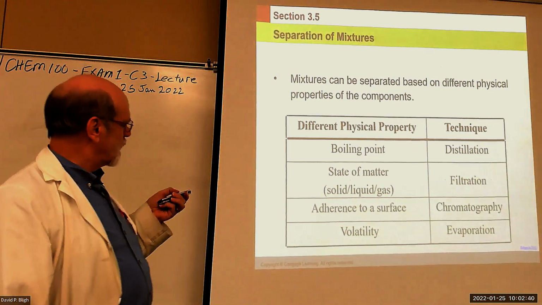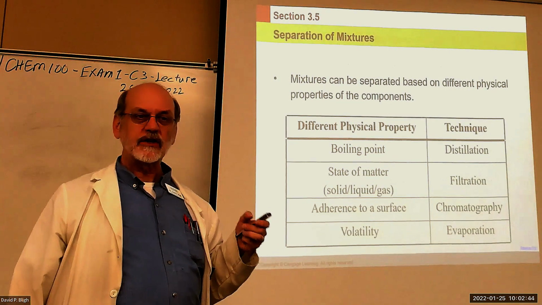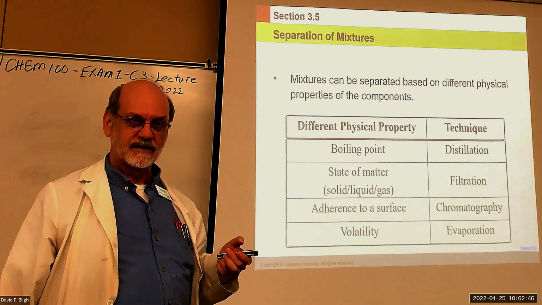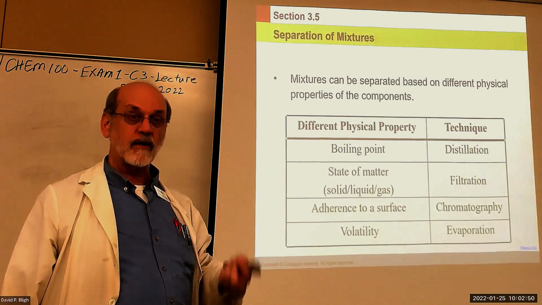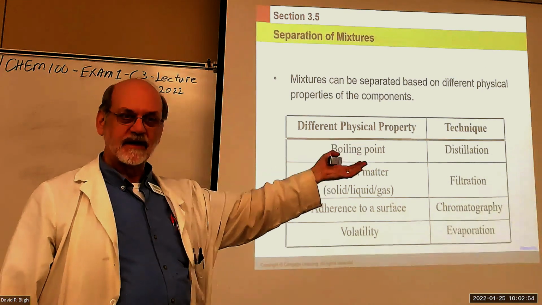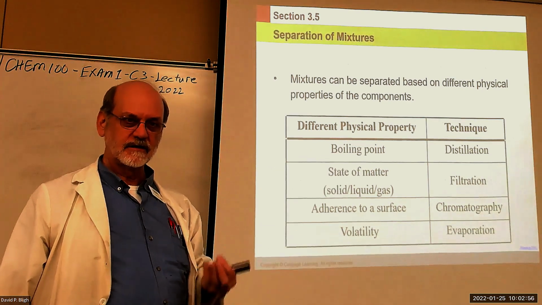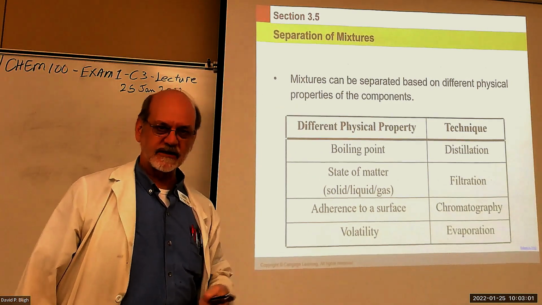So if we know that the components have different boiling points, then we can use a process called distillation. Heat them up, and the more volatile one, the lower boiling point, will come off first. Separate that one. And then when that one's gone, the next most volatile, the next highest boiling point, will come off. They call that fractional distillation.